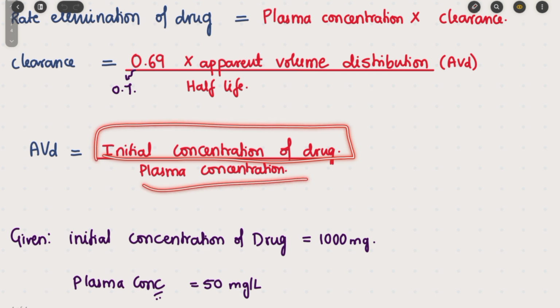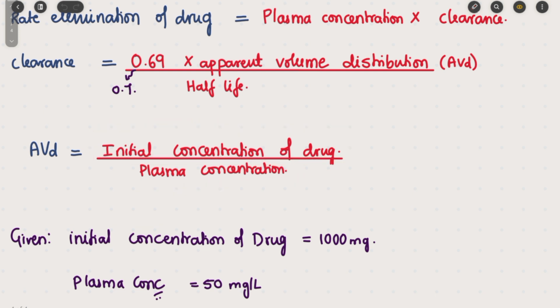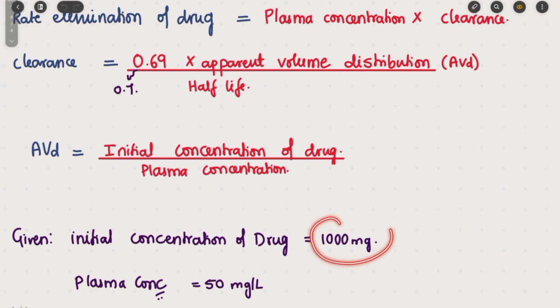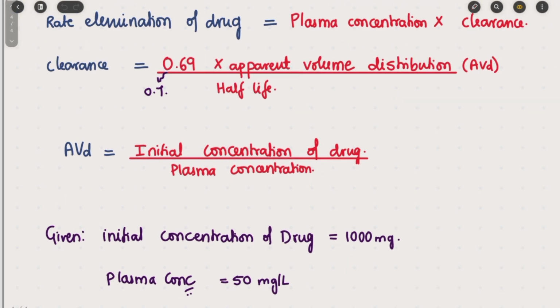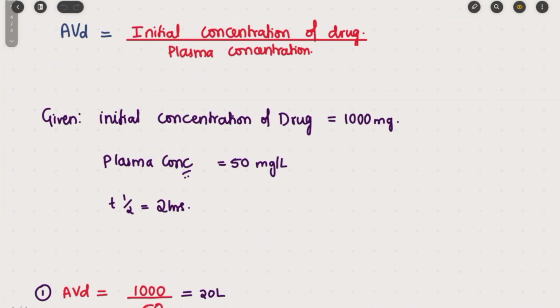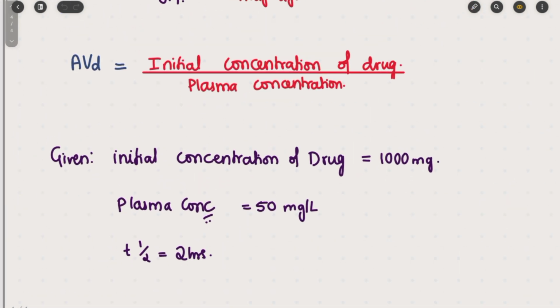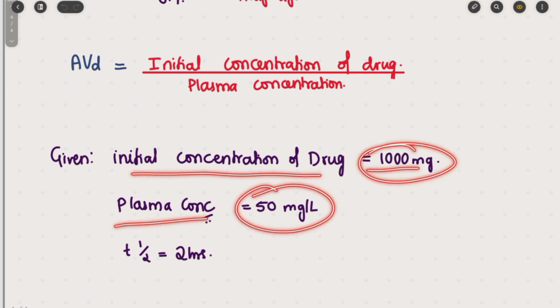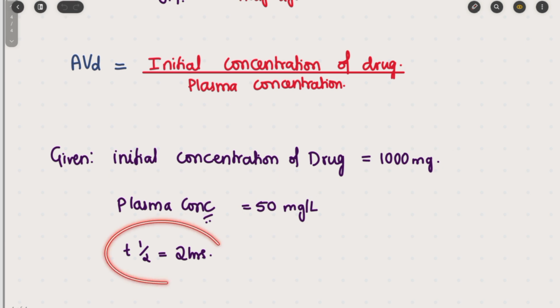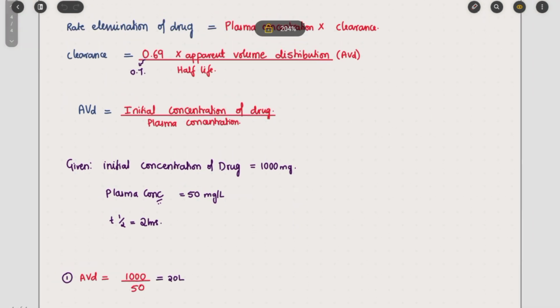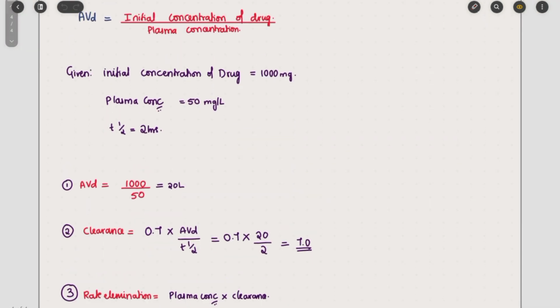How much did we administer initially? That is 1000 mg. What is the plasma concentration attained? 50 mg per liter. So this much is given in the question. We have discussed this: initial concentration 1000 mg, plasma concentration 50 mg per liter, T half is 2 hours. First, we have to calculate apparent volume of distribution.